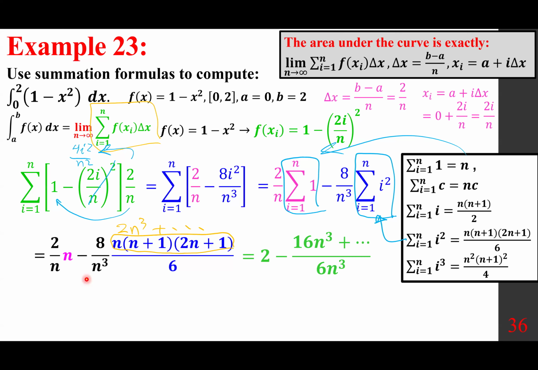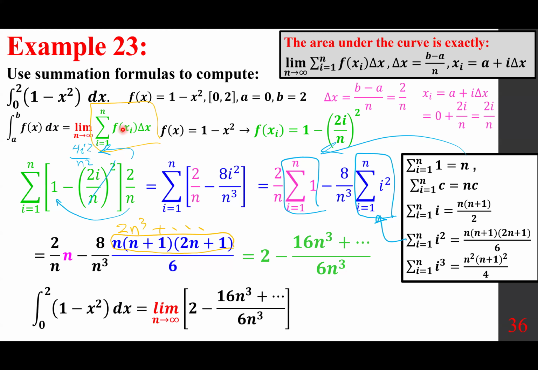Now, this integral is the limit of this, and we are going to put that in there. Because n goes to infinity, of course, 2 doesn't change. But why is it that I didn't write the rest of them? Because when n goes to infinity, the leading terms take over.